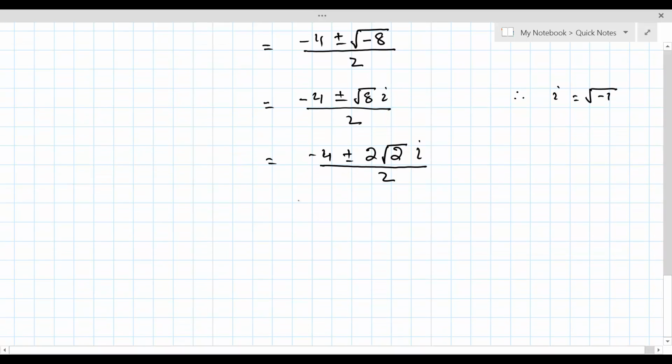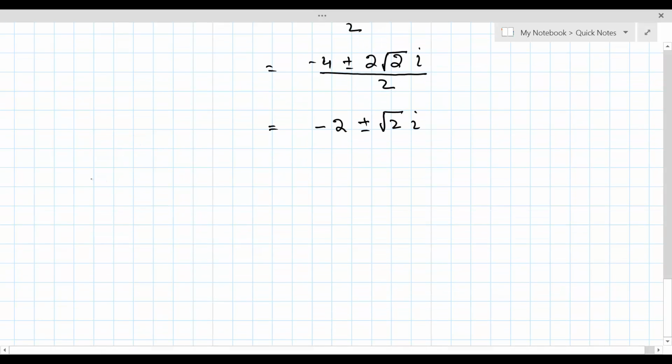If we take 2 common in the numerator and divide it with this 2, we'll be left with minus 2 plus minus under root 2 iota. So these are the imaginary values of the x-intercept.